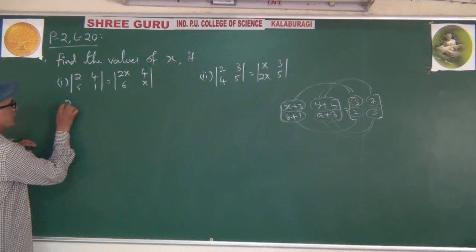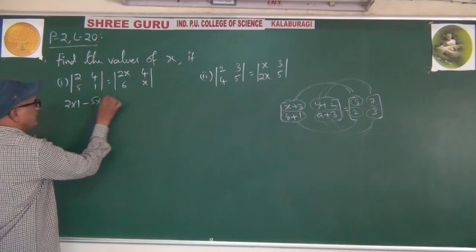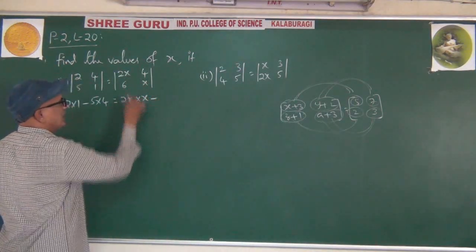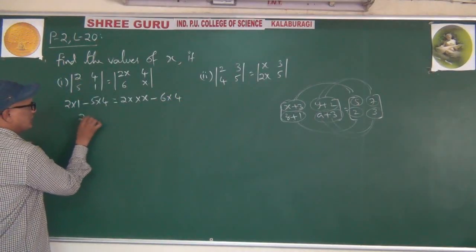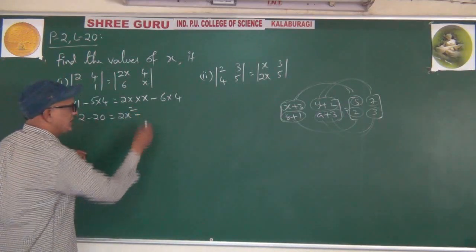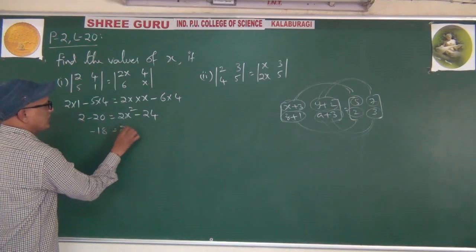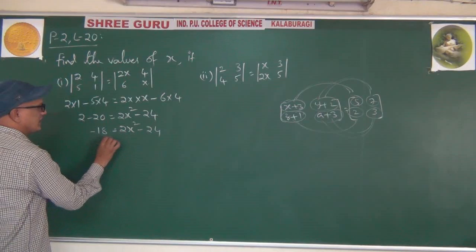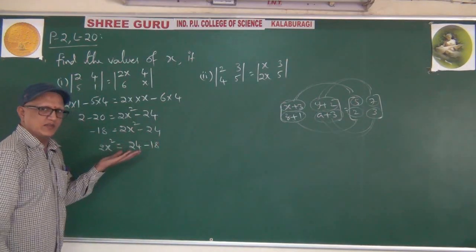2 into 1, 2. Immediately minus 5 into 4. 2x into x. Immediately minus 6 into 4. 2 ones are 2 minus 20 equals 2x into x, 2x square, 6 fours are 24, minus 24. So 2 minus 20 is minus 18 equals 2x square minus 24. 2x square equals 24 minus 18, lower class simplification.